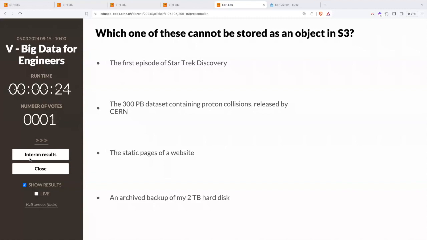Answer D, an archived backup of my 2 terabyte hard disk. 3 can be stored on S3, and one of them cannot be stored on S3 as a single object, right?